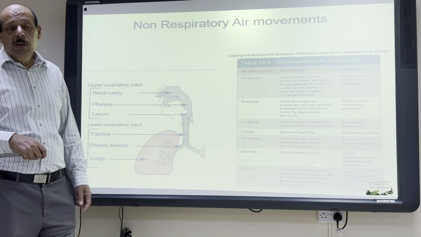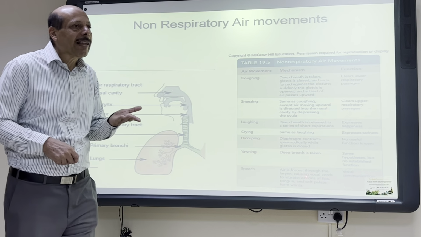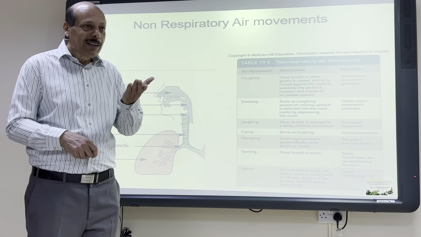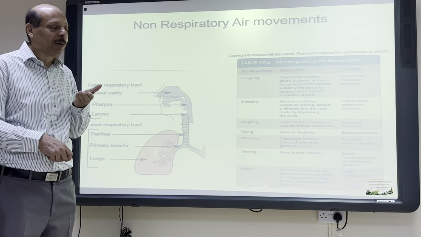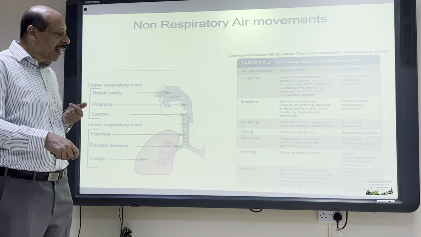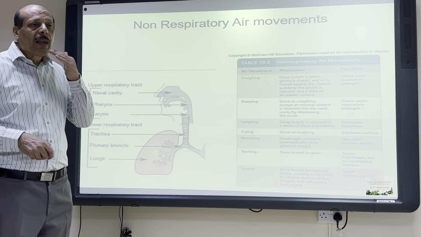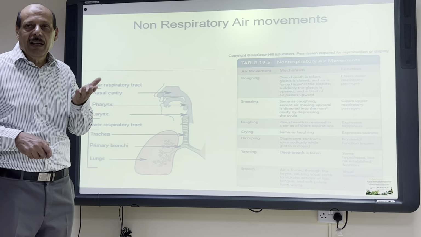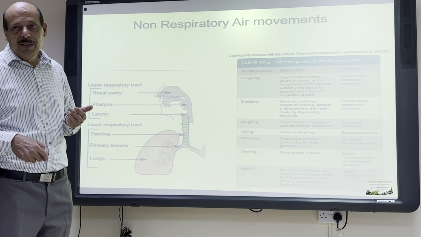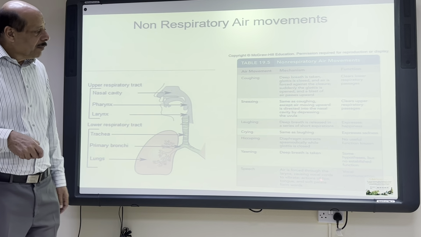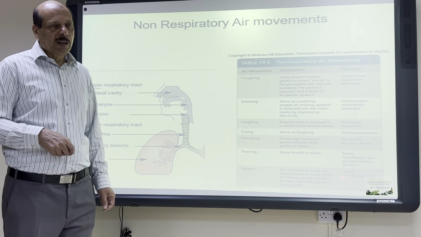Speech also: during speech, what is the thing that will produce the sound? It is the air which is passed through the vocal cords, through the larynx, causing the vocal cords to vibrate, and also the movement of the lips and the tongue, which will produce the letters and words. So it is for vocal communication, for verbal communication.